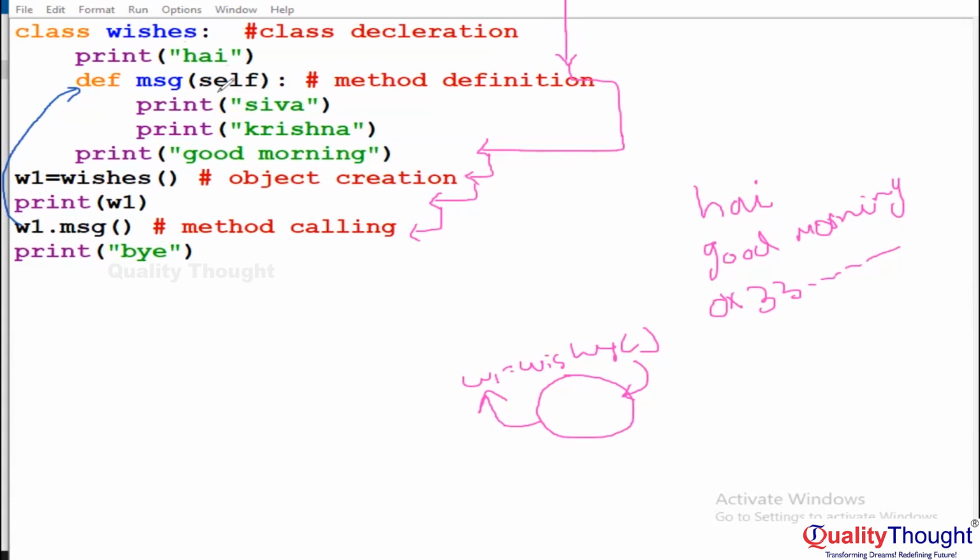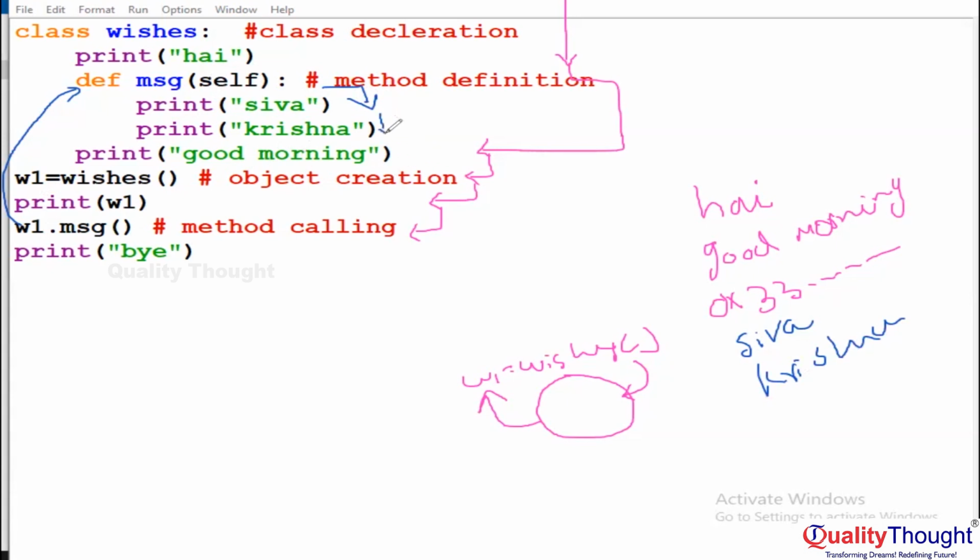In our method, we can take one default parameter, but at the time of calling that method, we are not explicitly passing any value to the default parameter. By default, the reference variable value is automatically passed to the default parameter. Now our method logic is executed. Okay, now our method execution is over.